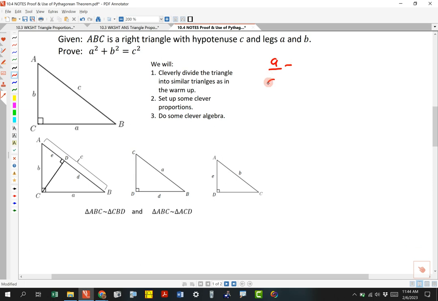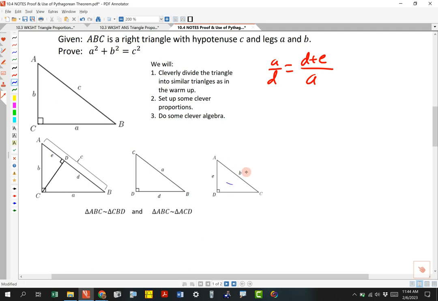So I'm going to put A over D right here. Okay, what does that match up to over here? It matches up to this long side right here, which I'm going to write as D plus E, in alphabetical order, over A. Then I'm going to do the same thing, in a different color, for this one.